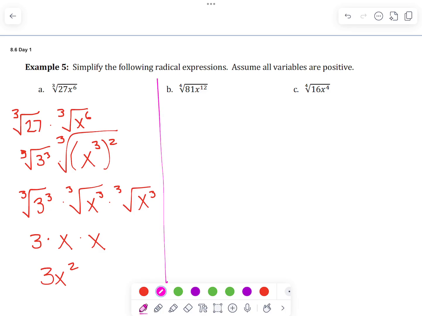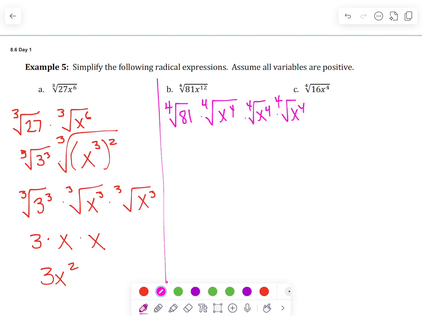All right, now we have a 4th root. So I'm going to separate that out into the 4th root of 81. And I'm going to go x to the 4th power, 4th root, x to the 4th power, 4th root, x to the 4th power, 4th root.